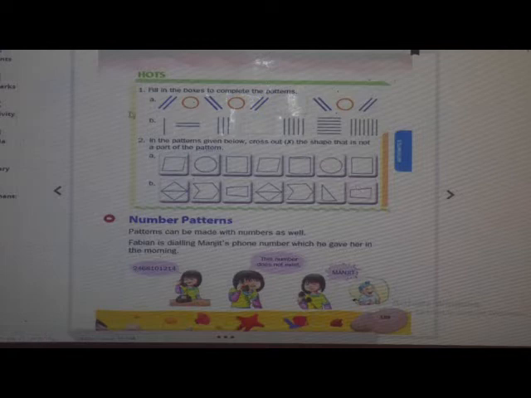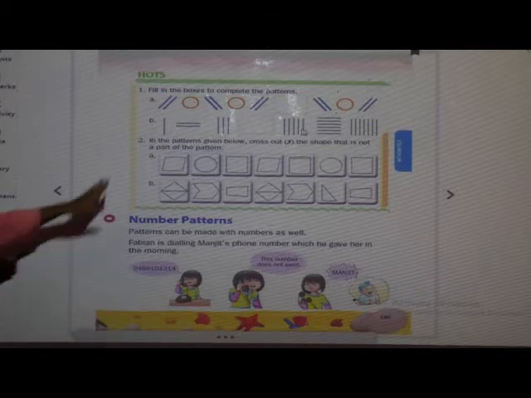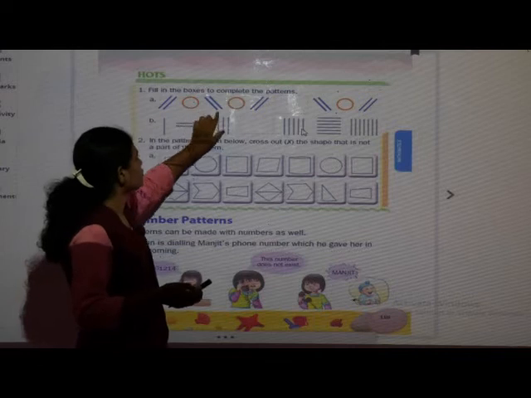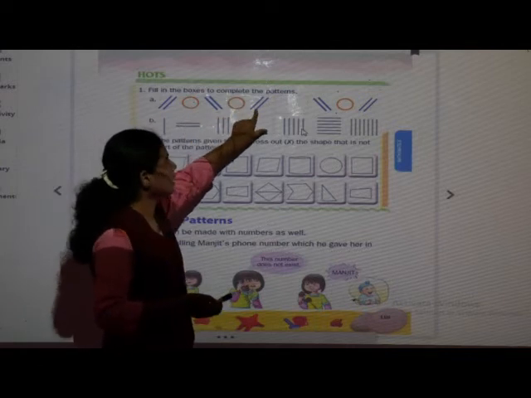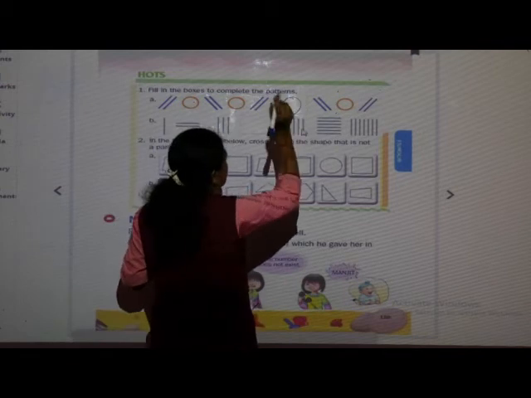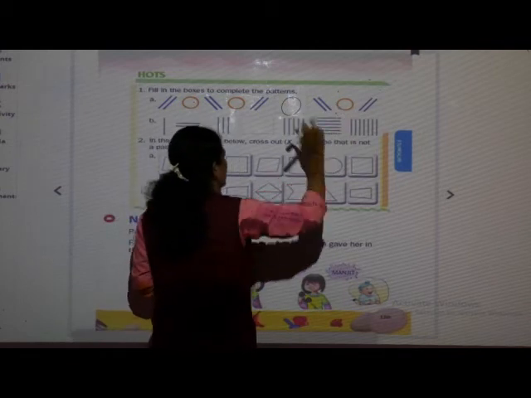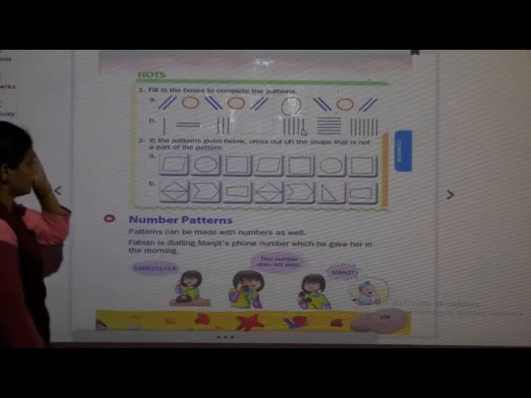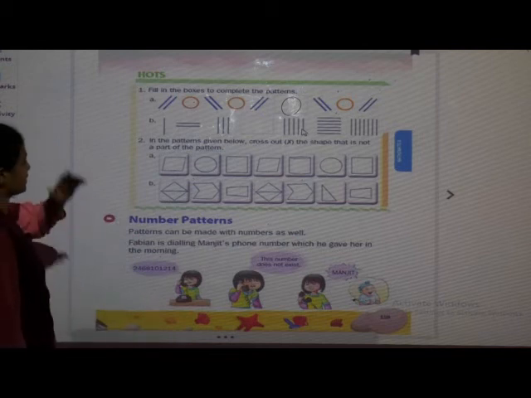See, in A, 2 lines, circle, 2 lines, circle, 2 lines, then what comes here? 2 lines, circle, 2 lines, circle, 2 lines. Very good. Circle. Again 2 lines, circle, 2 lines. First tell me the answer, afterwards you can write.